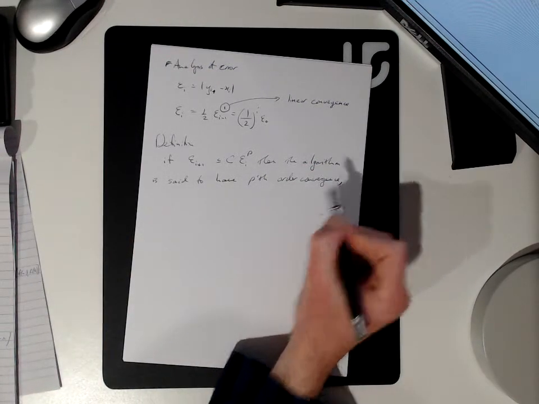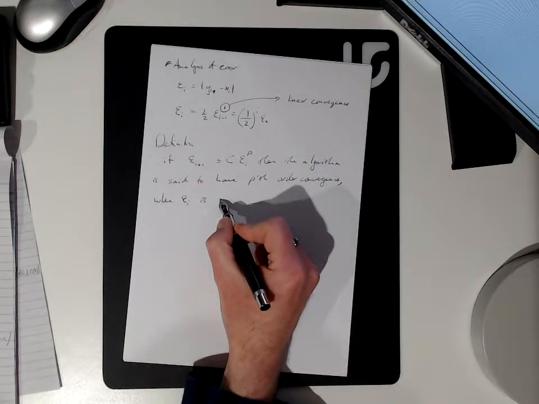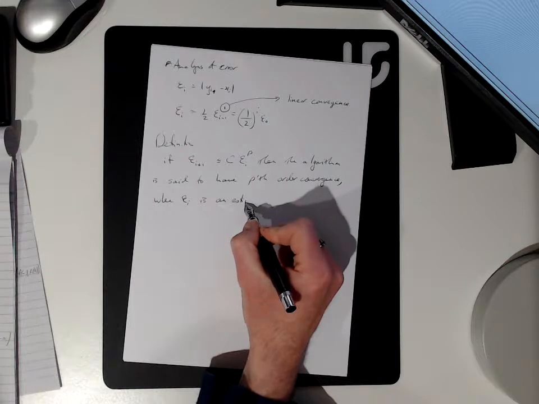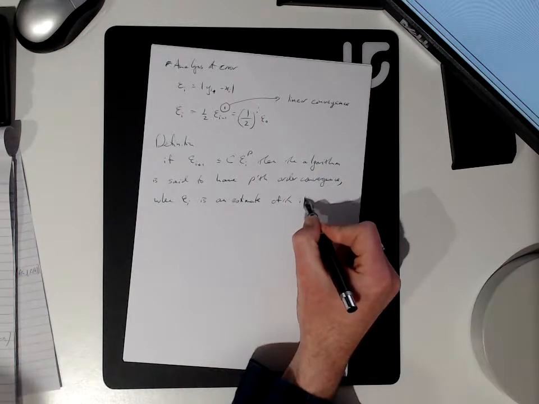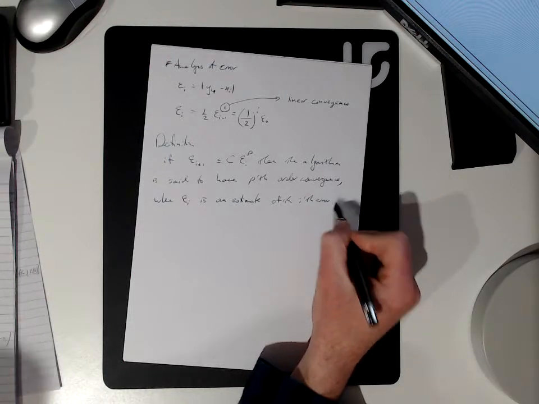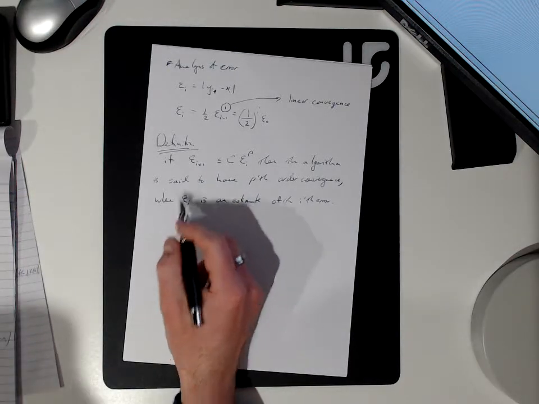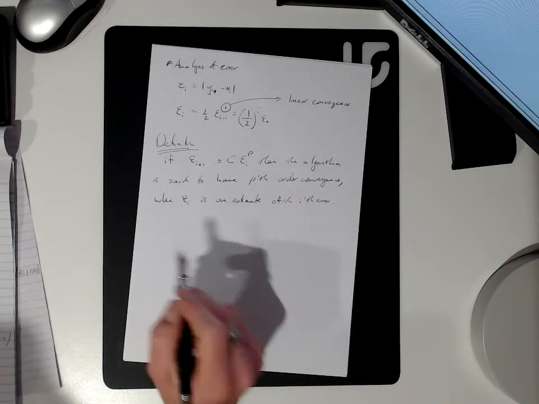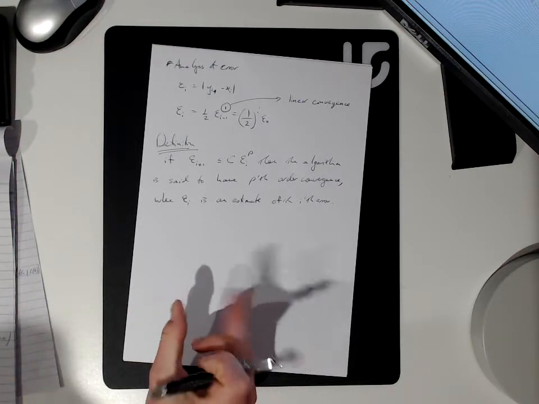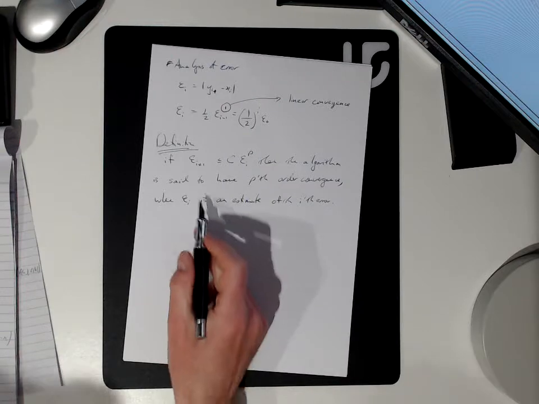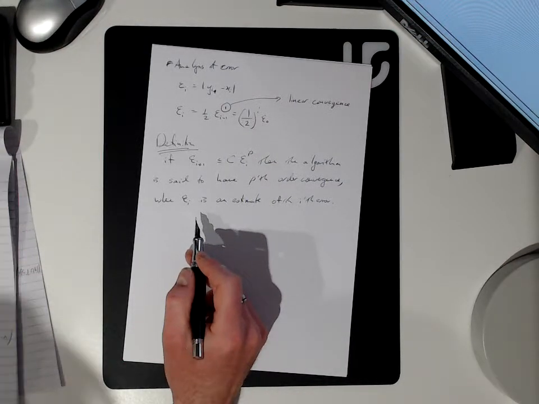Said to have pth order convergence, where ei is an estimate of the ith error. Okay, so what would normally happen is if you're searching for a particular number, this would be the particular number minus your estimate, but we're using a bracketing method, so in this case the error is the bounds on the bracket. So you'll see another way to define the error in a bit when we look at the second method.